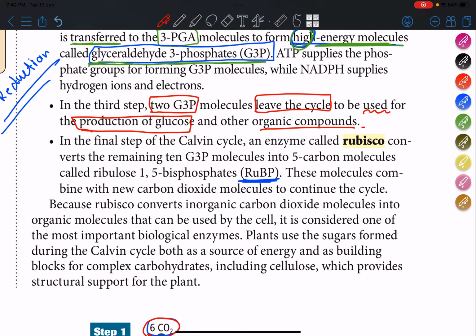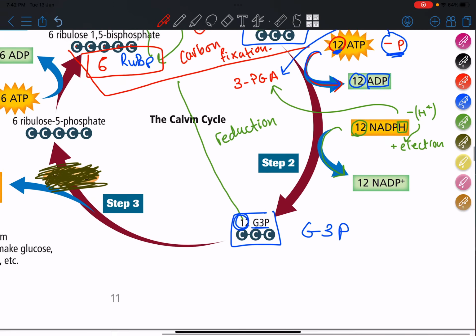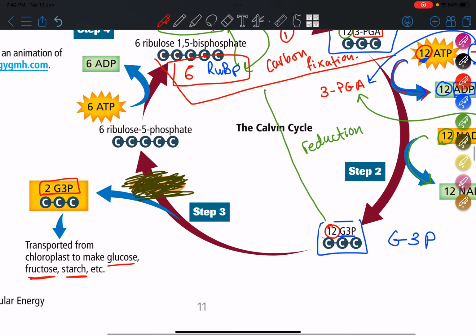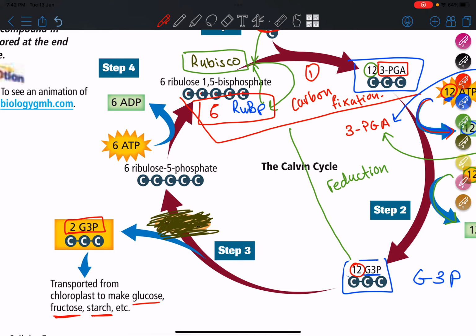the regeneration step. So here we have the 12 G3P that I have. 2 of the 12 G3P will be transported from the chloroplast to make glucose with fructose, with starch, with lipids, all the other things that the plant needs. So this is in the reduction step. So 2 of these G3P will leave.